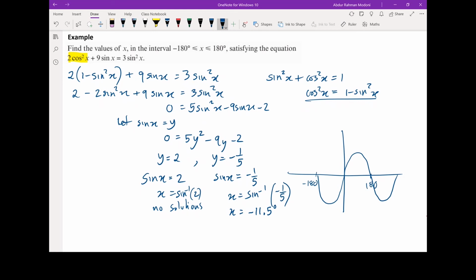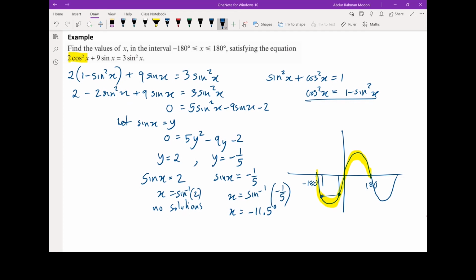So what I found is the minus 11.5. Minus 11.5 is somewhere along here, and I need to find any other solutions that I have between minus 180 to positive 180. Now, this one's actually easy to see that from minus 180 to 180, which is just this bit, I only have two solutions, one there and a second one here.